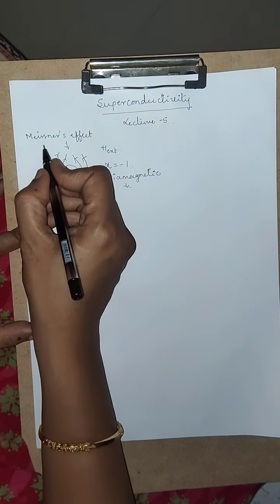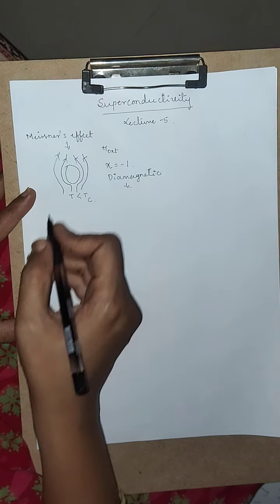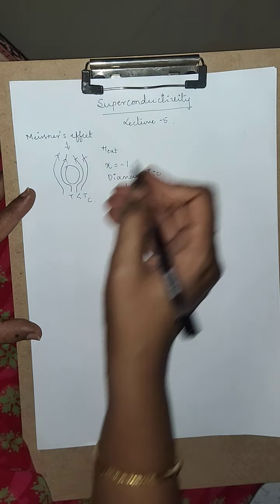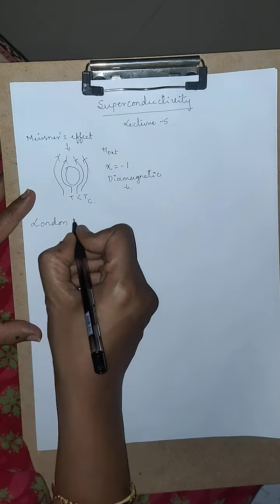In connection with this Meissner effect, today we are going to understand one more parameter related to superconductivity, known as London penetration depth.